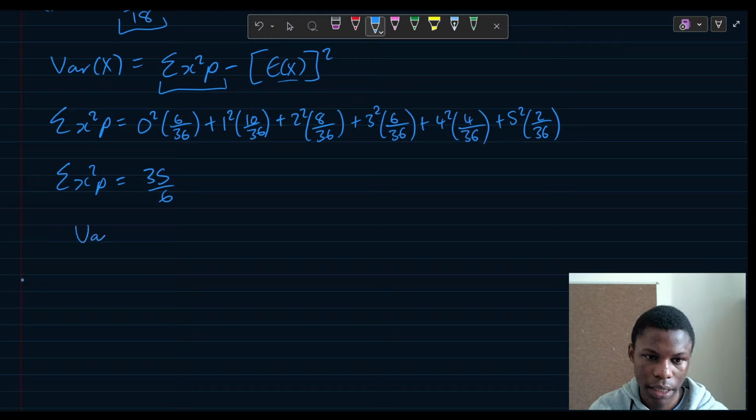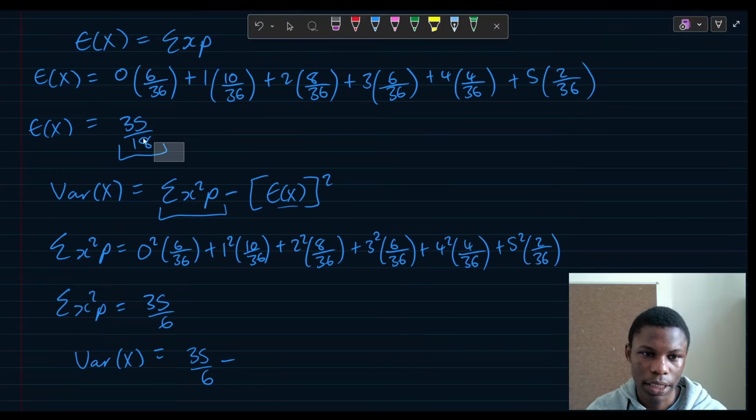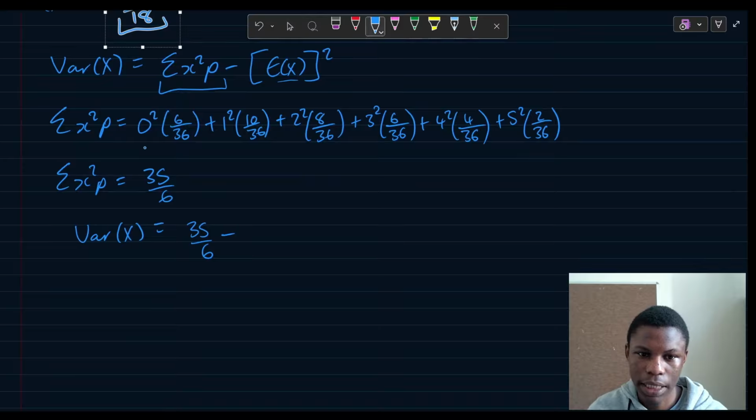So our variance has to be the summation of x squared p, which is 35 over 6, minus our expectation of x squared. Our expectation of x is the 35 over 18, and this is squared.